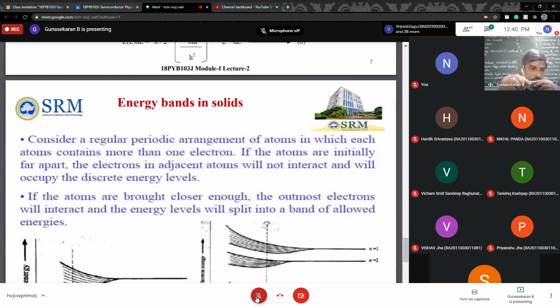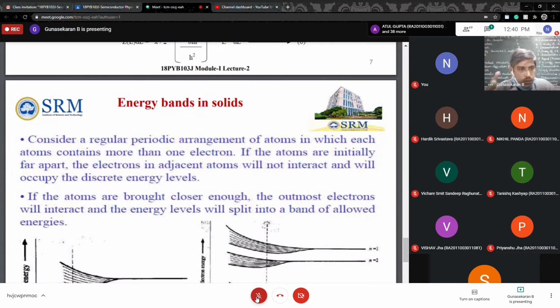Say, for example, I take n number of atoms. If there is only one atom, that is no issue. But for example, 1 mole of gas contains an Avogadro number of atoms. Even if I take a small 1 gram, you also get n number of atoms, an Avogadro number of atoms. So if such n number of atoms come closer and closer, what happens?